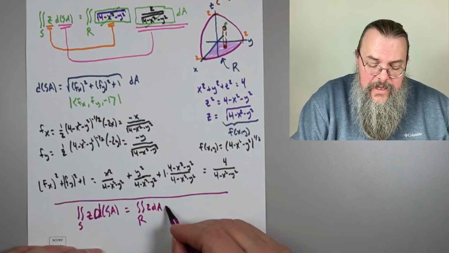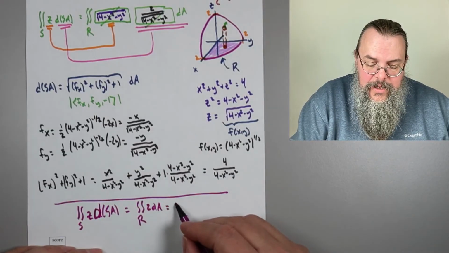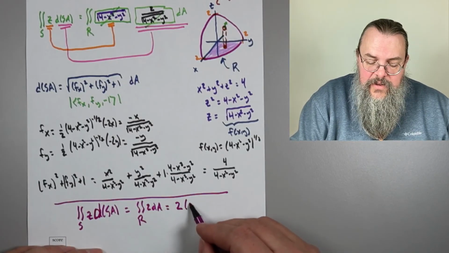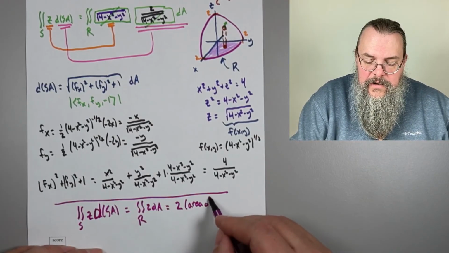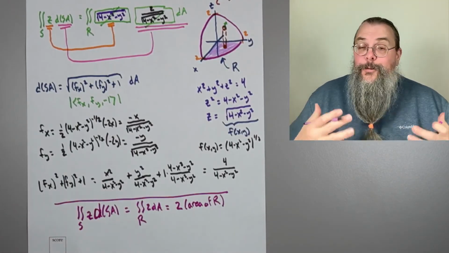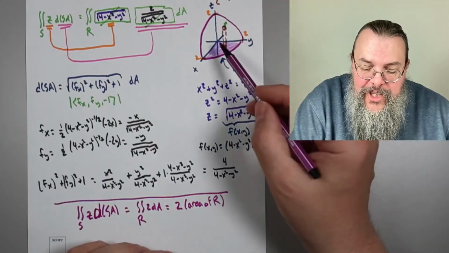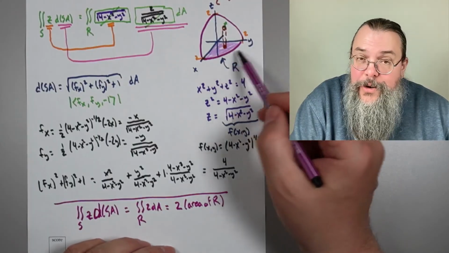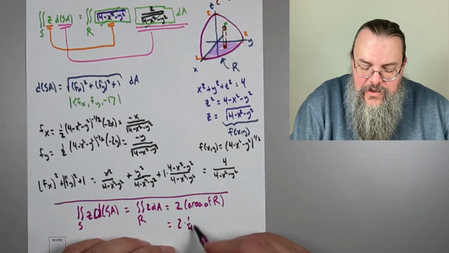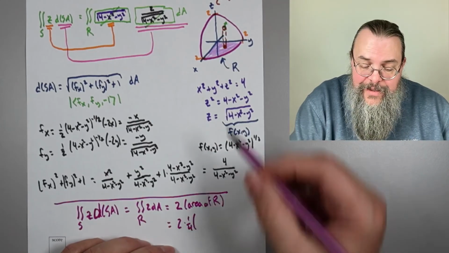Well, we know how to do that. We don't even have to really think. If we're integrating, the 2 comes out, so this is 2 times the area of our region. And we know how to find area. In particular, it's 1/4 of a circle. So it's 2 times 1/4 of a circle. What's the radius?